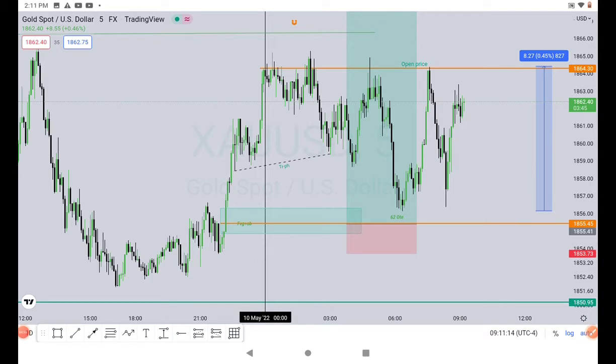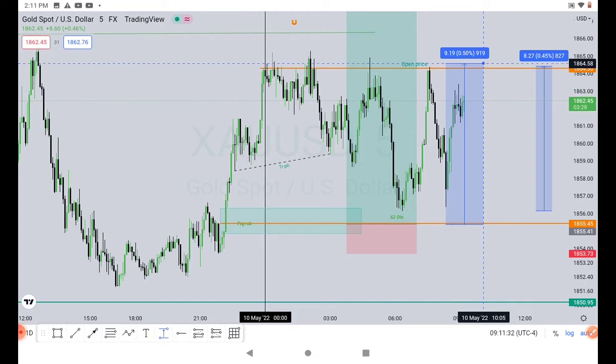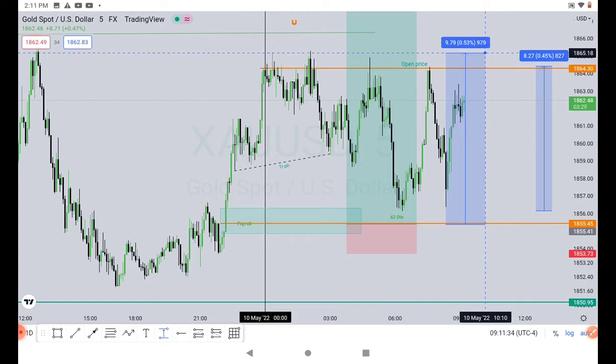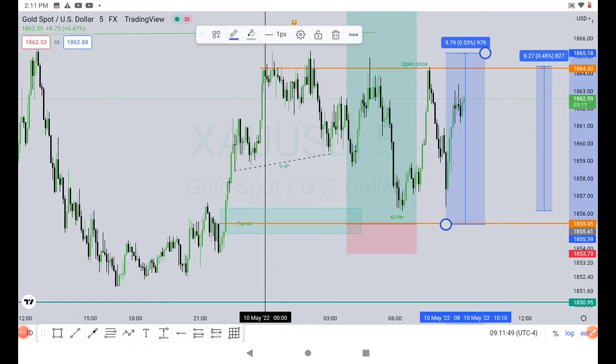If we take the initial setup, the SL is just 16 pips, and the first objective, because I'm targeting these old highs, is 97 pips. But as you can see, price does not touch the order block. So how do I take this trade? How does this trade become valid again?